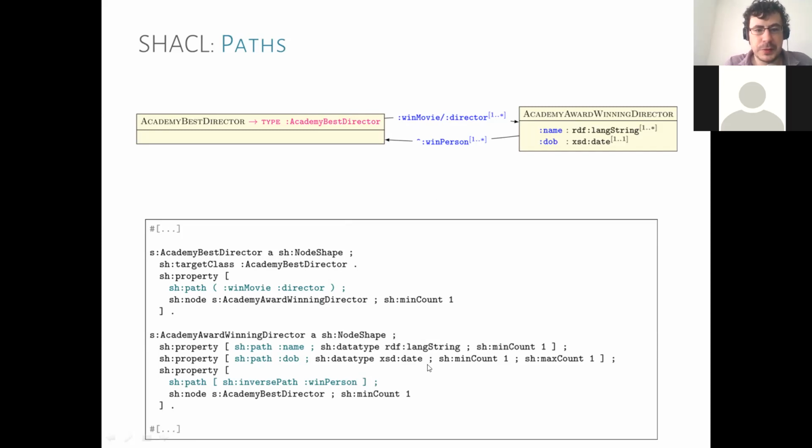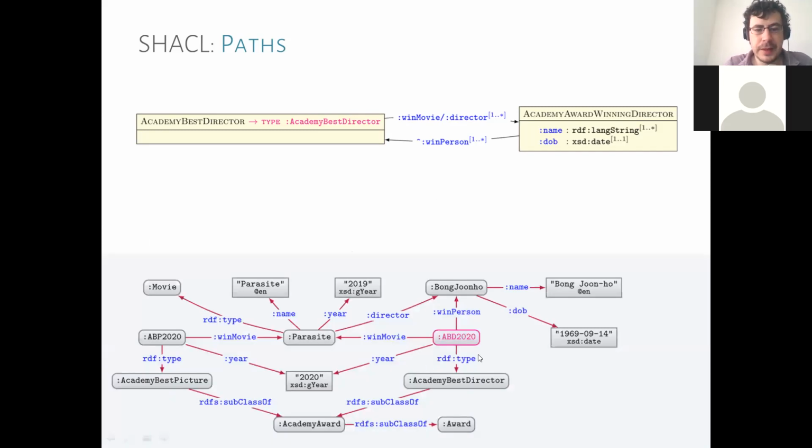So, okay, how does this work? Here we have our graph, and we see that this is of type Academy Best Director. So we're going to target this node here. And then we say that we're targeting this node with this shape. Therefore, this node must have one or more win movie director. So if we go here, we see win movie, Parasite, director, Bong Joon-ho.